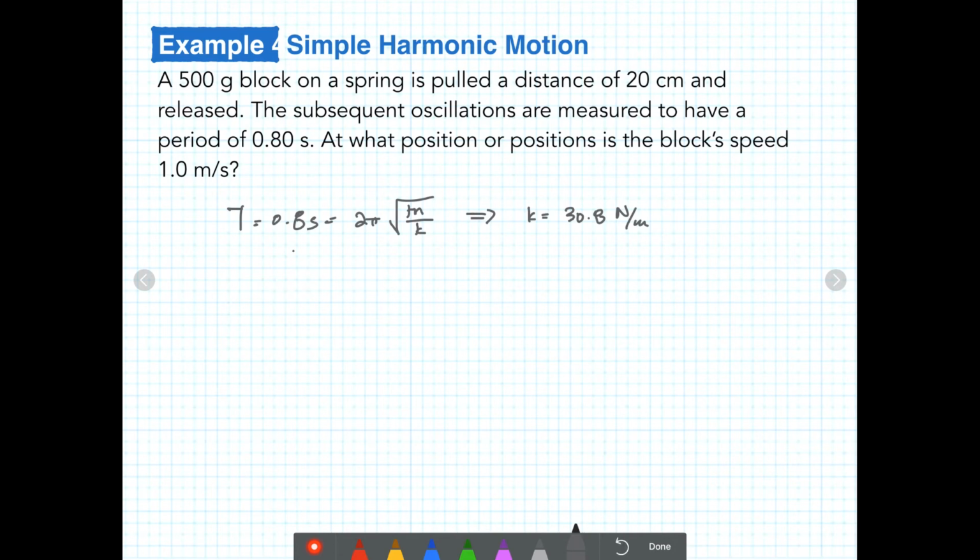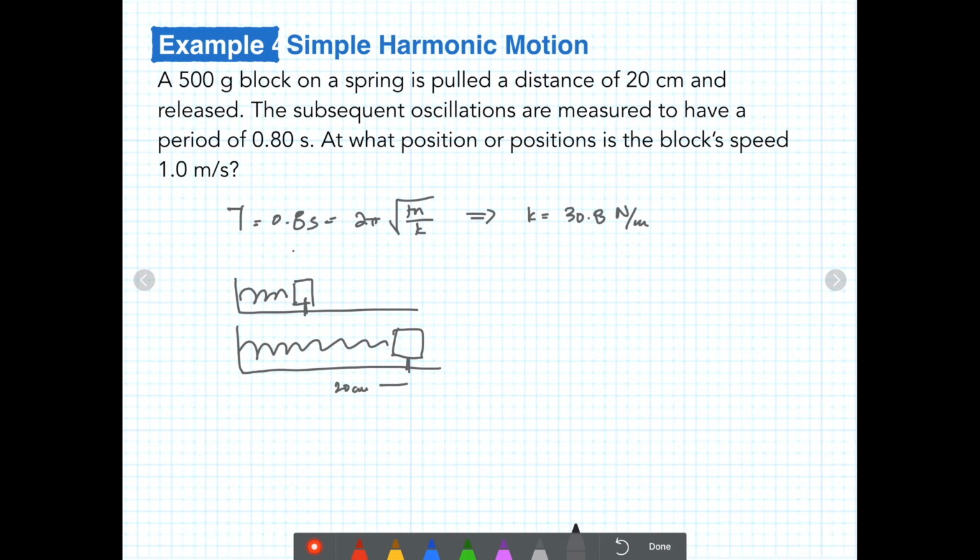So look, we have a block on a spring. It starts out here. We pull it a distance of 20 centimeters and release it. So its initial energy is 1/2 kx squared plus 0, because it's not moving.